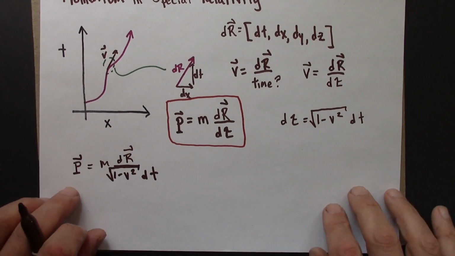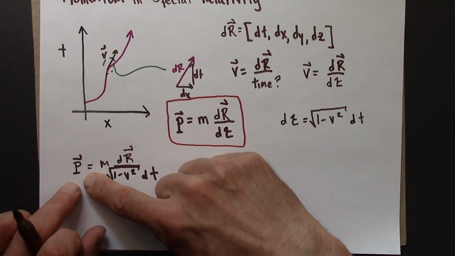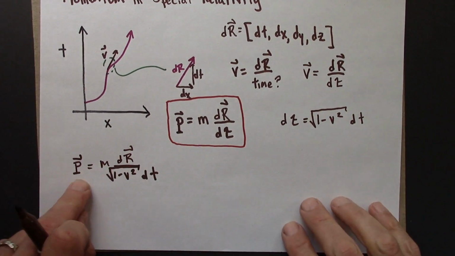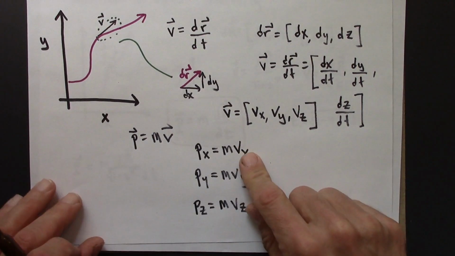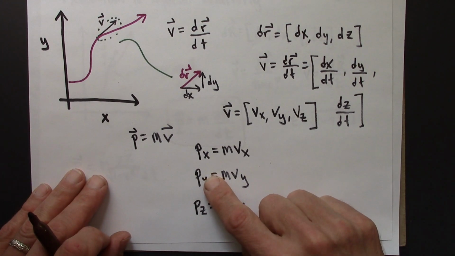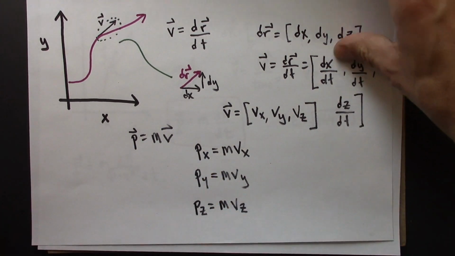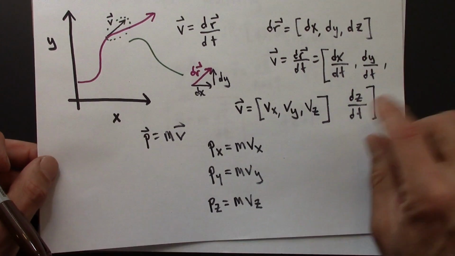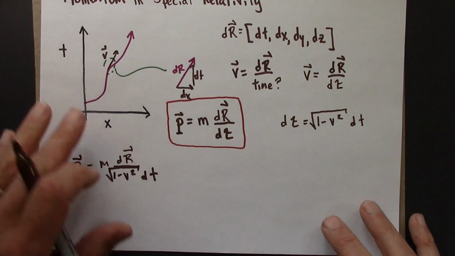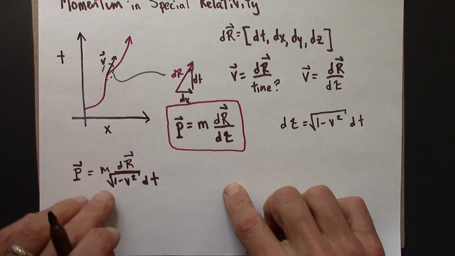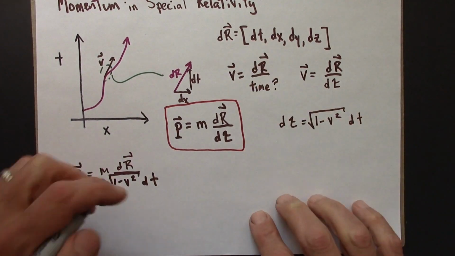And we can think about the components, the different parts of this 4 momentum, this 4-dimensional momentum, just like we did here. In ordinary space, there's an x part, a y part, and a z part. Similar story in special relativity, but now we're going to have a t part to momentum. So the t part just corresponds to that.